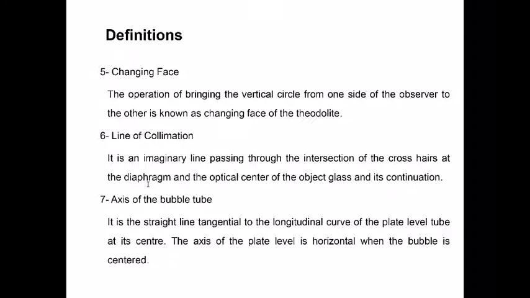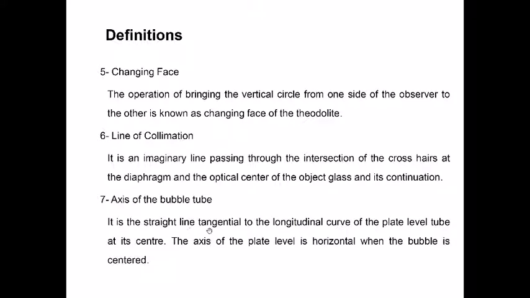When you look through the telescope, you get a circular vision, and at the center you have the intersection of the crosshairs, the bullseye. The imaginary line that passes through that bullseye and the optical center of the object glass and its continuation is the line of collimation. That is basically your line of sight, and that is called the line of collimation.